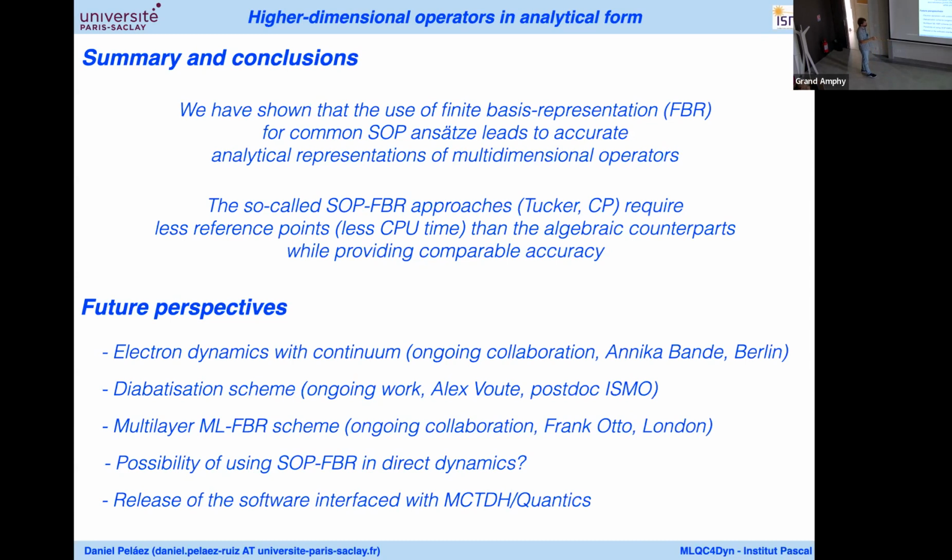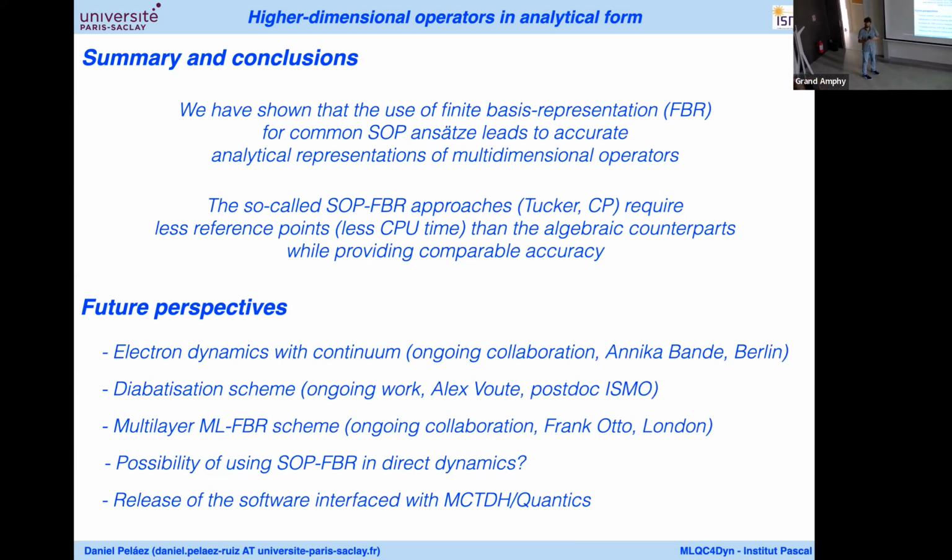We would like to include this in a diabatization scheme. It must work, like a vibronic coupling model, like those of Graham Worth. This can work. You've got analytic expressions for the gradient and the potential itself. We're working on the multi-layer extension of that, which is very powerful because you've got a recursive scheme of computing potentials. This is in collaboration with Frank Otto, who's in London. We're thinking of using this in direct dynamics, in any flavor of direct dynamics.